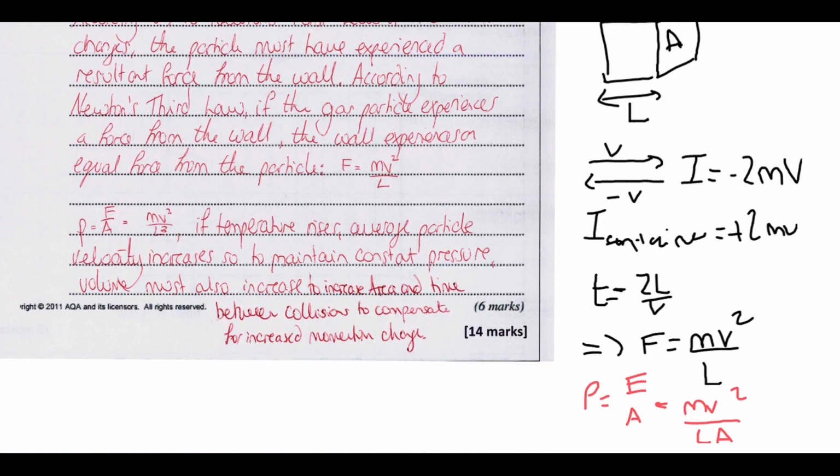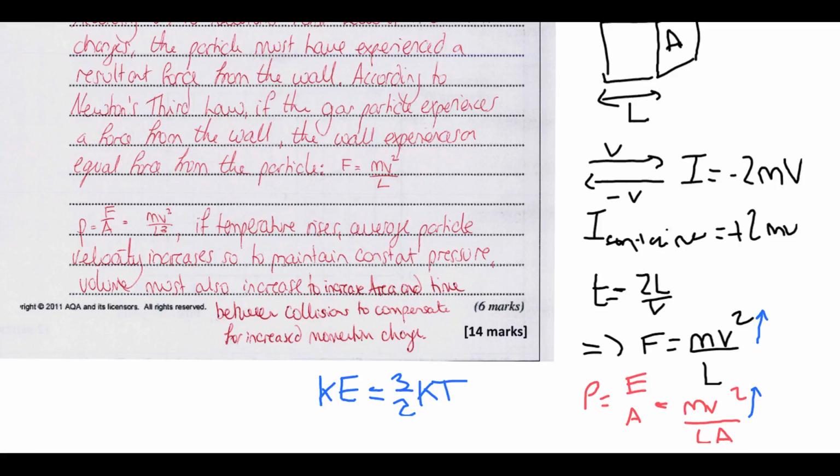So if you increase the temperature, you increase the kinetic energy, because we know kinetic energy is equal to 3/2 kT there. So what that's going to cause is the top line of this force equation, and therefore the top line of this pressure equation, to increase. If you have more kinetic energy, you have a higher velocity.